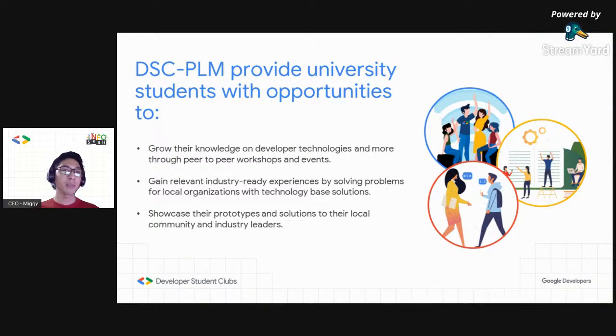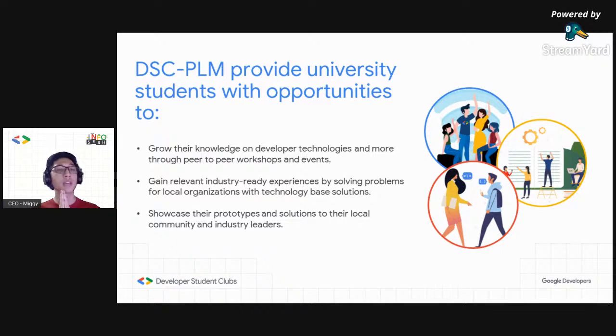In general, being part of DSC PLM, we are trying to provide these opportunities to the students. So first one is to grow your knowledge on developer technologies and more through peer-to-peer workshops and events. With this first one, it's very important to have that theory. Theory itself is very important when it comes to learning.